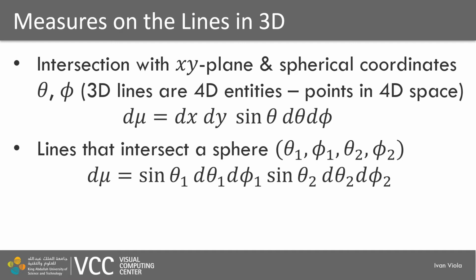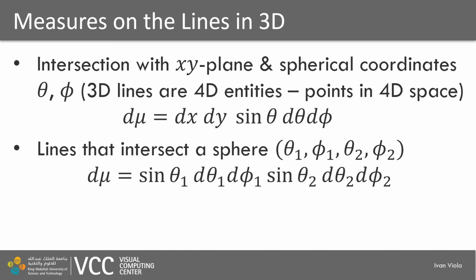Then we sum up the values and divide by the integral of the measure. So this is how we can use these measures for computing otherwise complex characterizations of averages of certain geometrical objects.